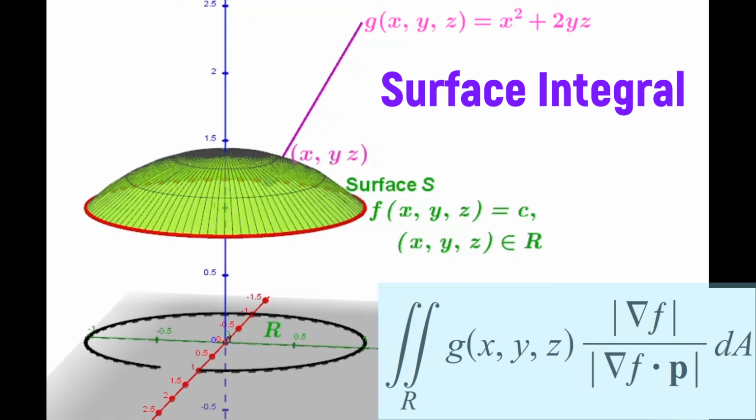Here grad f is the gradient of the scalar valued function f, and we know that the gradient of f at each point on the surface is a normal vector at that point.